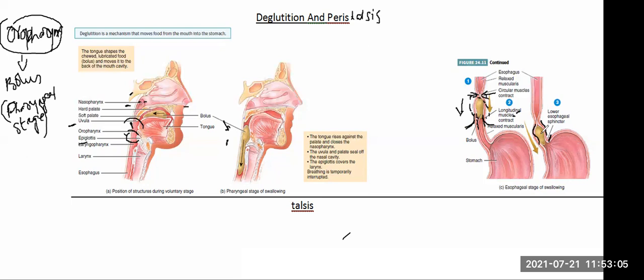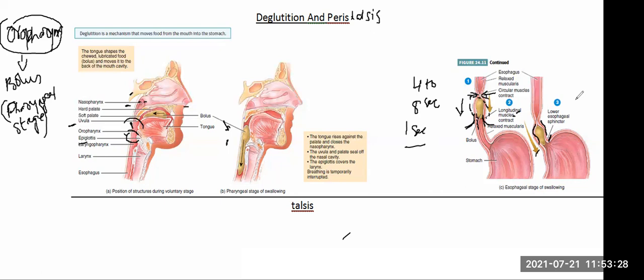And this passage of any solid or semi-solid food takes around 4 to 8 seconds. And very soft foods or liquids like the water you drink take only 1 second to reach your stomach. I hope this is clear.